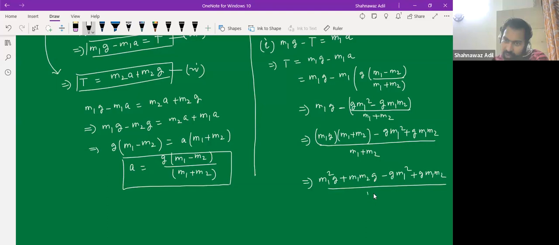So this one cancels, and what we get? g M1 M2 by M1 plus M2. So this is the tension.